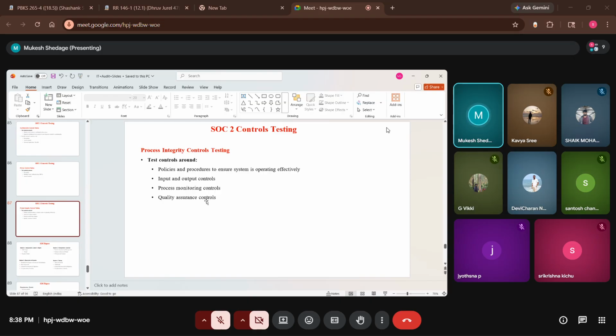Okay, Mukesh. I have shared the SOC control list with you, the SOC 60 controls separated by the TSC. You can see them there, along with what evidence you need to collect and what the control frequency is for everything. The testing of all the controls is the same.